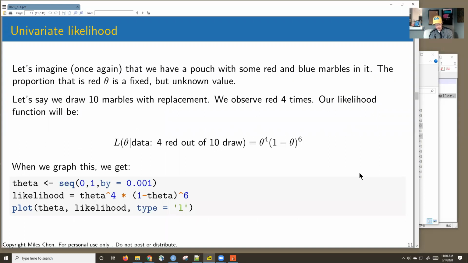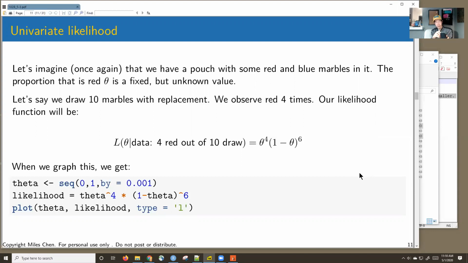Here I've got, I don't know, just a silly example, but let's pretend I've got this pouch, and let's pretend that there's some marbles in here, okay? In the pouch I've got red marbles and blue marbles, and we don't know what proportion in the pouch is red. There's some value, some proportion theta, but it's a mystery value to us.